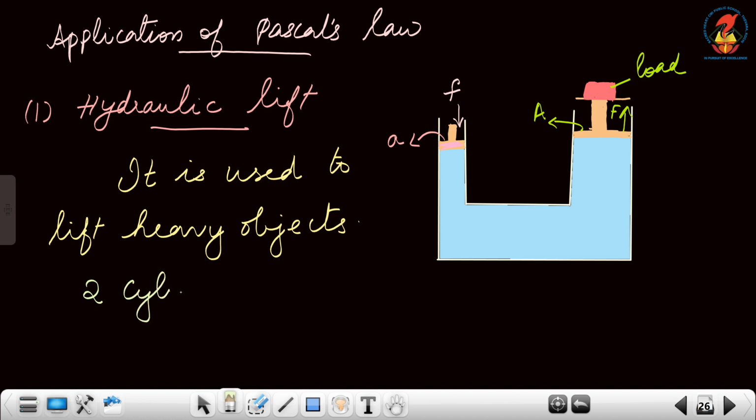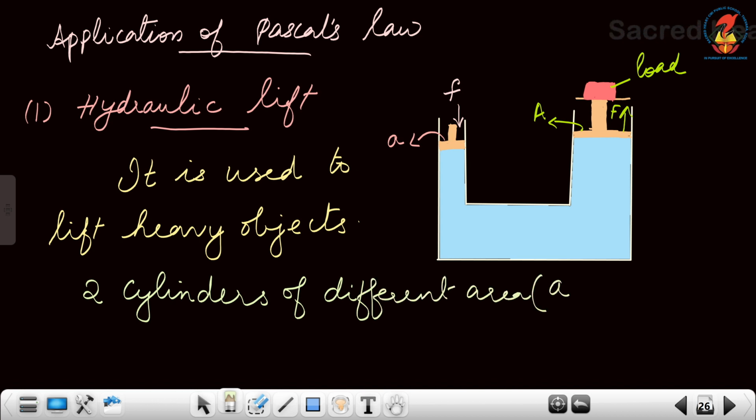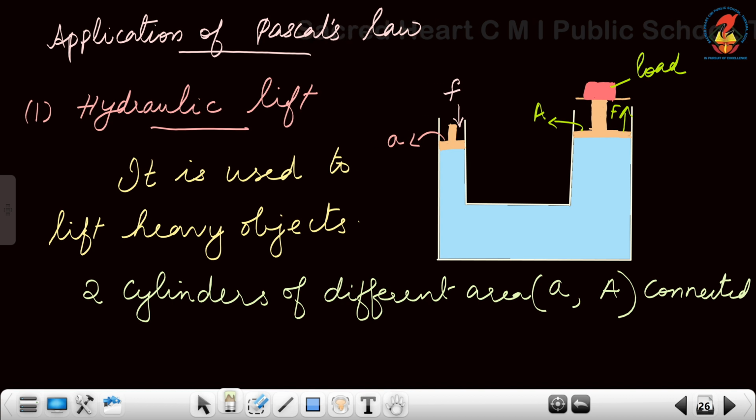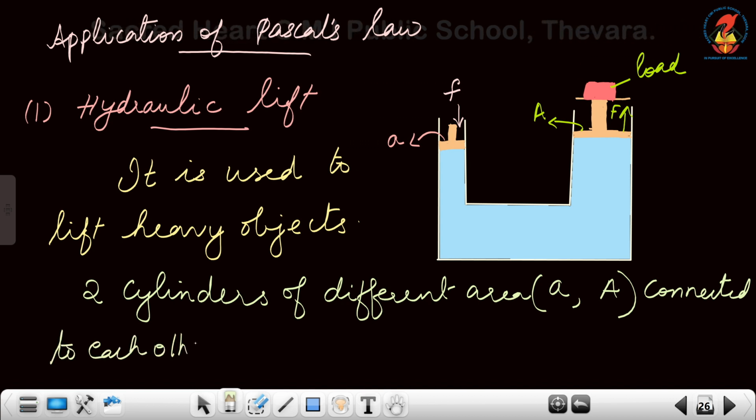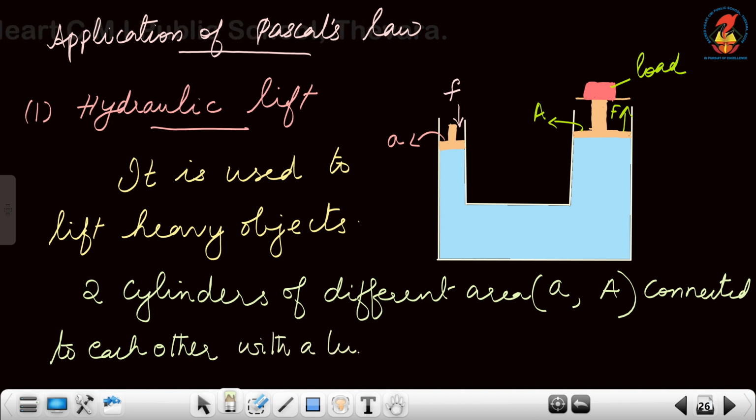So the parts of a hydraulic lift are two cylinders of different area, in our case small letter a and capital letter A, connected to each other with a tube and filled with the fluid.